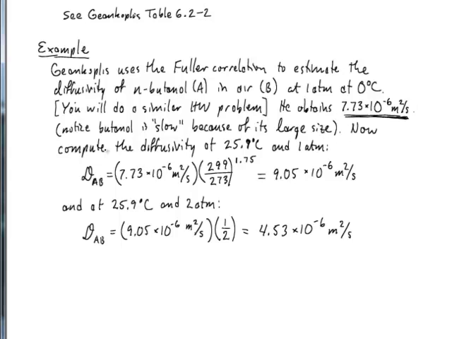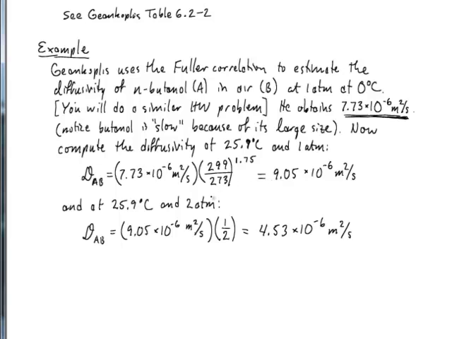Now if you were to compute the diffusivity at a different temperature, you could just scale by the prediction of the Fuller correlation, right? So you'd have 299 over 273. There's your 25.9 degrees C over 0 degrees C value in kelvins to raise to the power 1.75, and that gives you the new diffusivity.